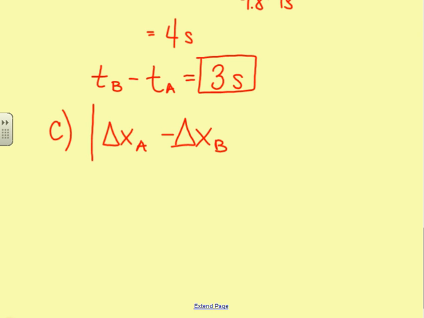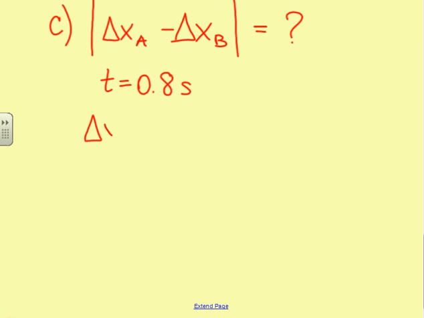I'm going to actually put absolute value around there so I don't end up with a negative number. This time, we're given the time. The time is 0.8 seconds. So we need to solve for the displacement of ball A and solve for the displacement of ball B. And then I'll subtract the two.